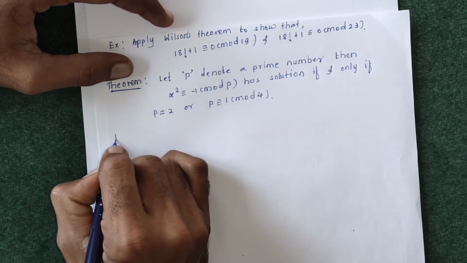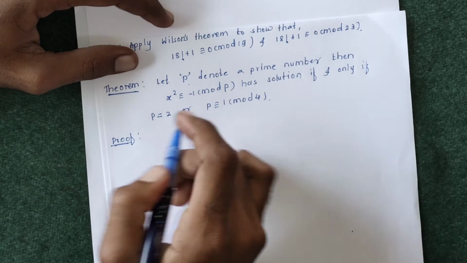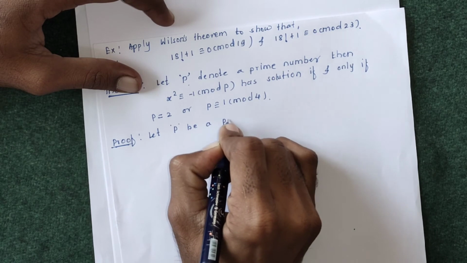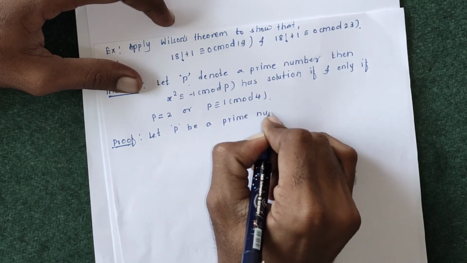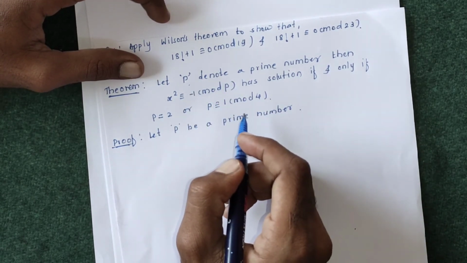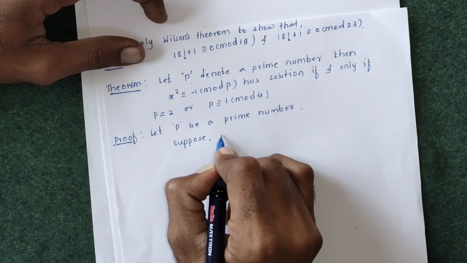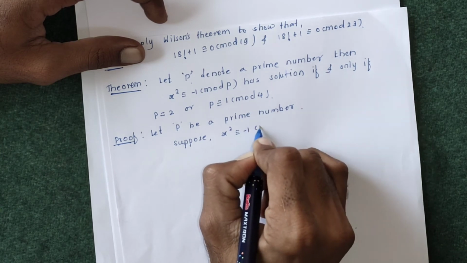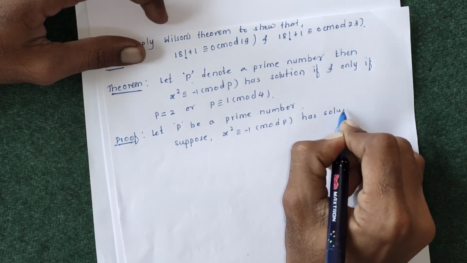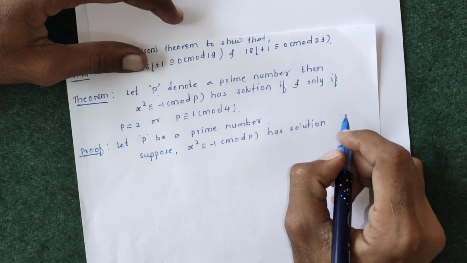So in the proof, let p be a prime number, and first of all we are going to suppose x square is congruent to minus 1 mod p has a solution, and suppose that solution be a.